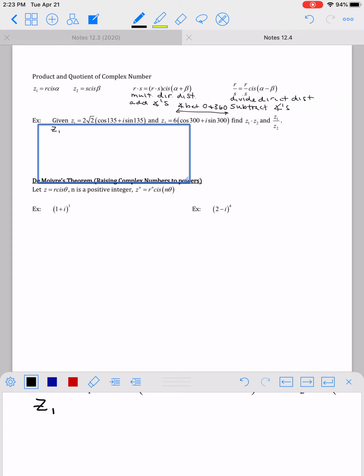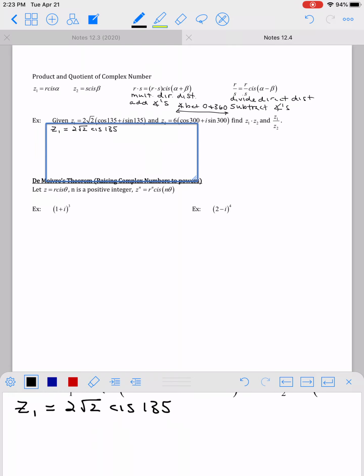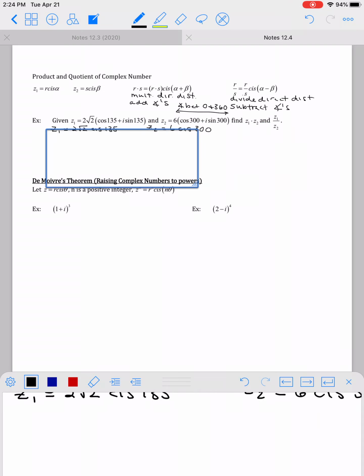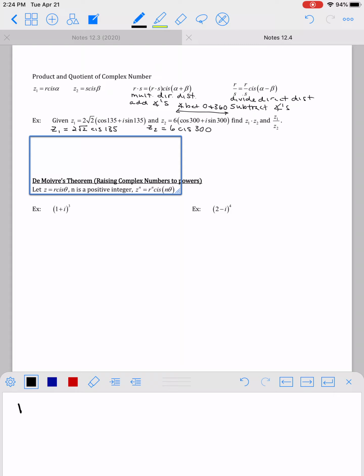So the first thing we're going to do with our little problem here is write these in shortened polar form. So this one's going to be 2 square root of 2 cis 135. And Z2 is going to be 6 cis 300. The first part asks us for Z1 times Z2.